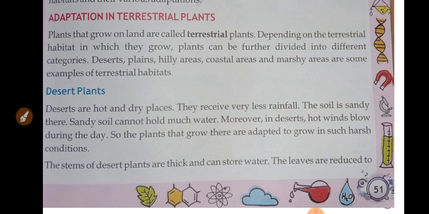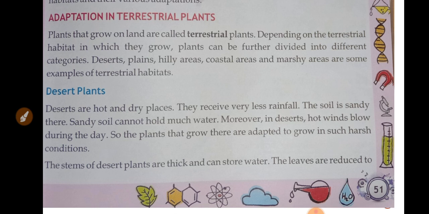Now, depending on the terrestrial habitat, dear students, what is the habitat which we have discussed in the previous classes? The place where a plant or any living thing lives in nature is called the habitat. Means where the plants and animals live, that area is said to be the habitat.